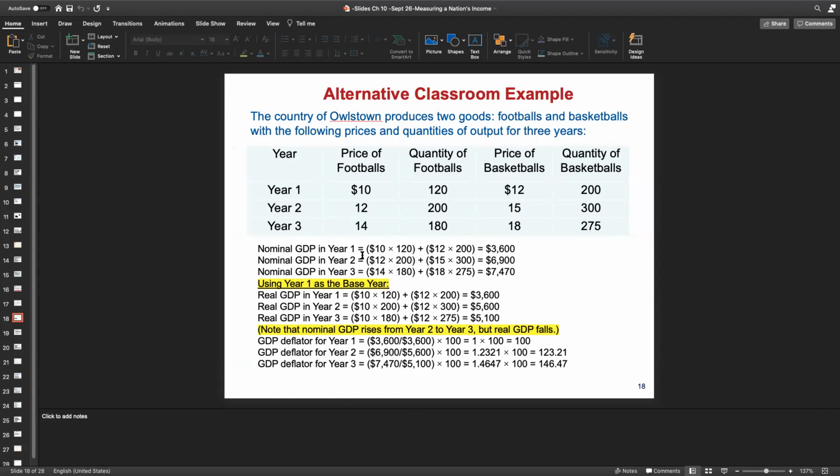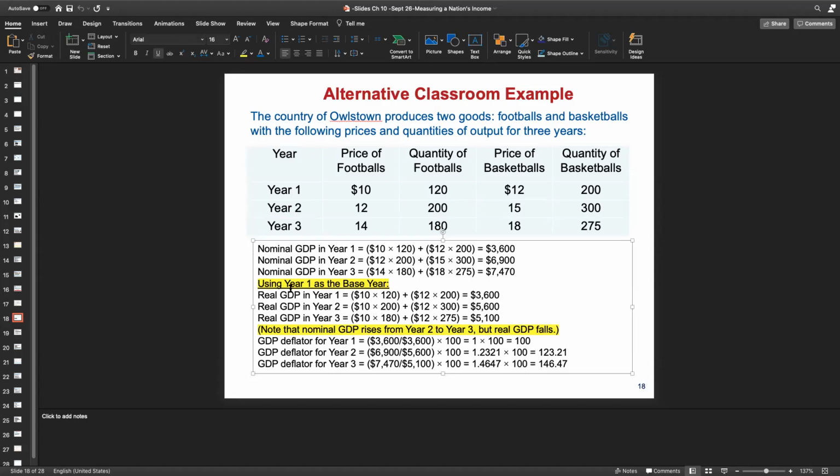So the nominal GDP in year 1 will be very easily the multiplication of price by quantity of football plus price by quantity of basketball, right? The same thing for year 2, and the same thing for year 3. That gives you the nominal GDP in year 3.